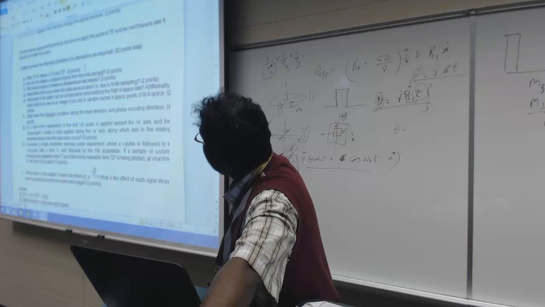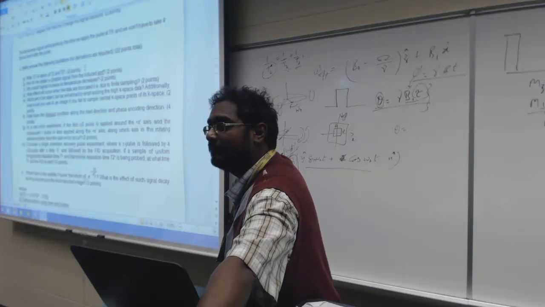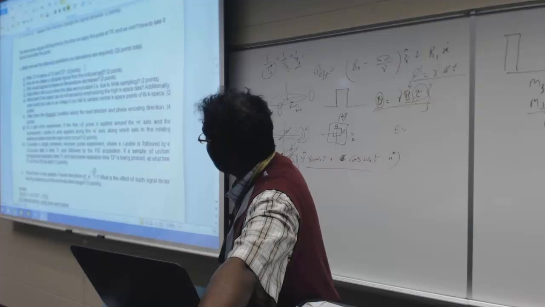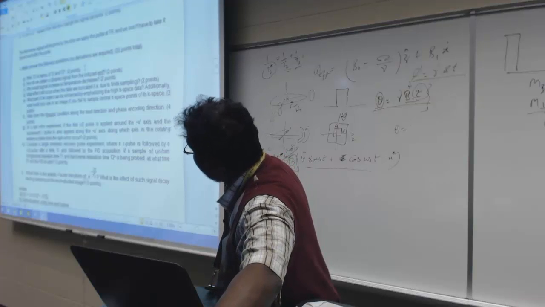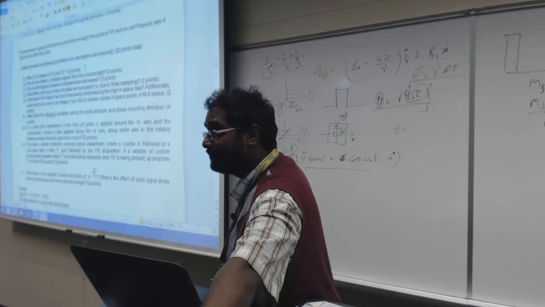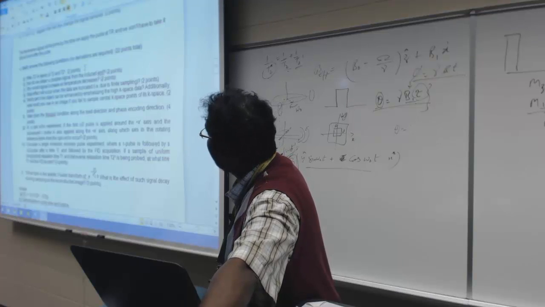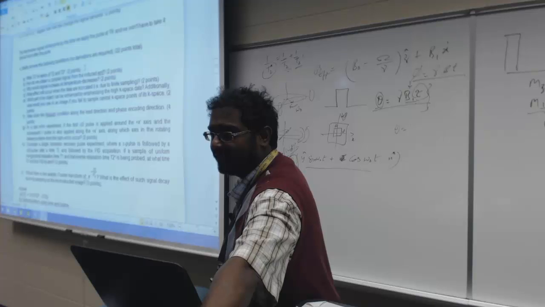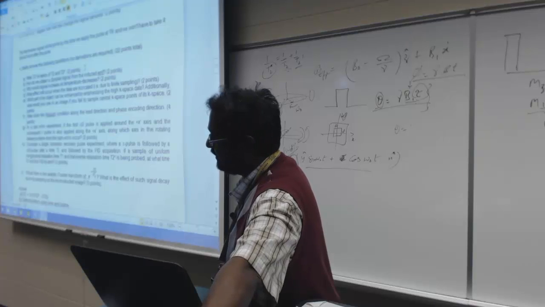Okay, and part E, can you guys read it? Everybody knows the answer to that part? We looked at this animation also, right? When we were filling up the k-space.